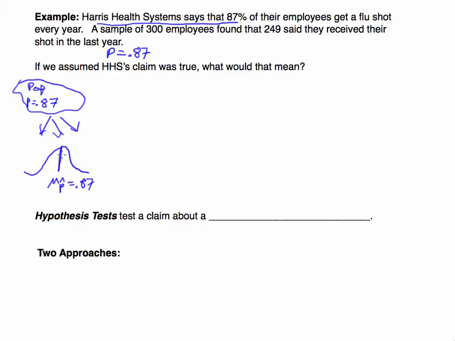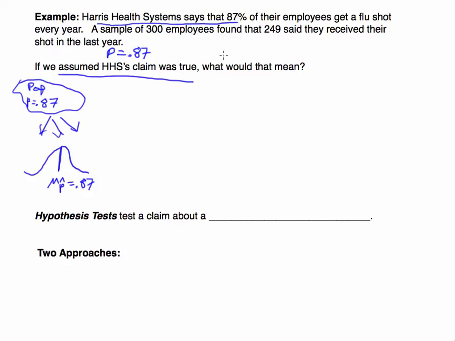If we took a sample and wanted to compare where it is relative to the population, that population proportion is going to be in the center of our sampling distribution. If you need to go back and look at the sampling distribution module, please do that. But if this is true, then the center of our sampling distribution will also be 0.87. That's just what we know about sampling distributions.